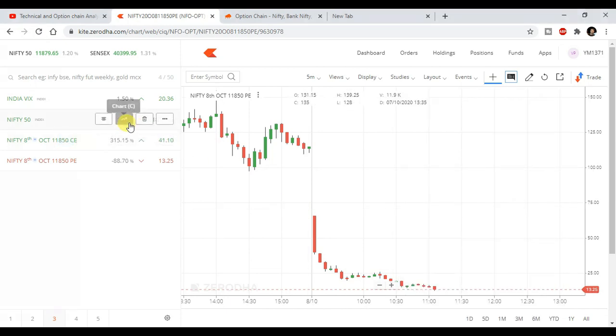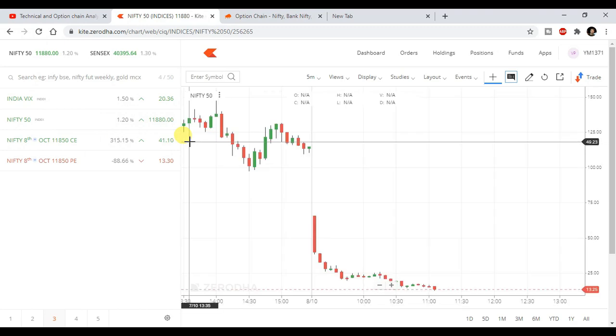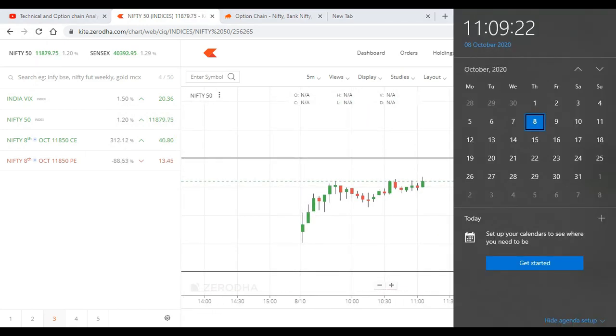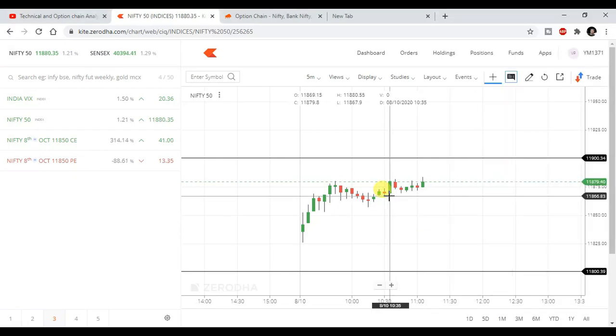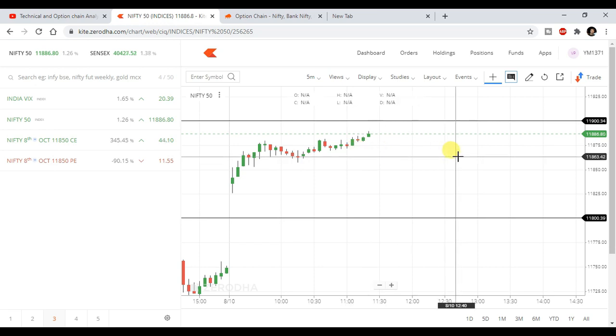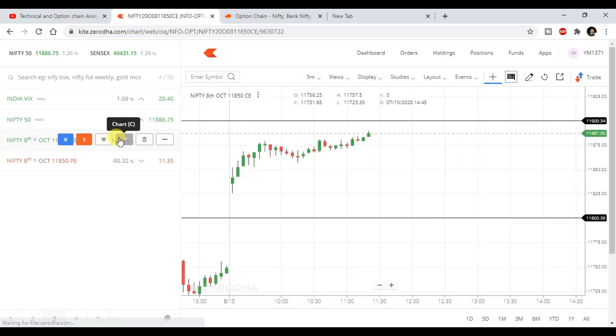If for the whole day Nifty trades within this range, then we'll get a good profit, as today is expiry. Today is the 8th of October, so it is expiry day and the theta will be very high. As of now, the Nifty is trending around 11,886.